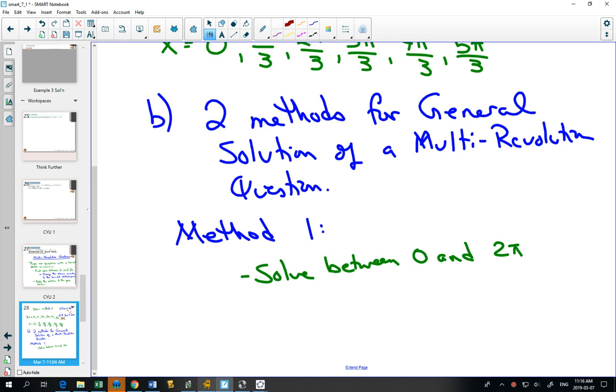Solve between 0 and 2 pi. Then add plus 2k pi where k is an integer. So since we have already solved between 0 and 2 pi, that part's done. The only thing we would have to do to make this a general solution is write all the coterminal angles with all the angles we found.